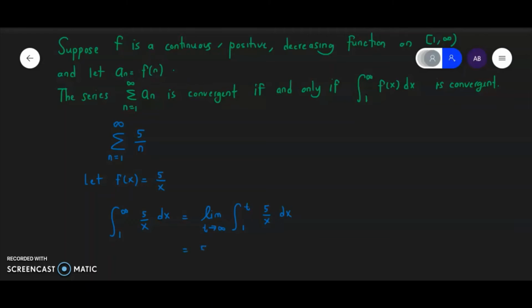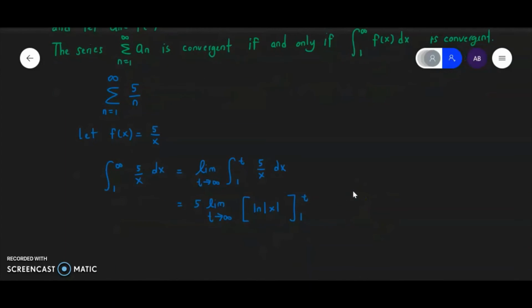Now 5 is a constant, I can take it out. Integrating 1 over x gives ln x from 1 to t. So 5 times the limit as t approaches infinity of ln t minus ln 1.